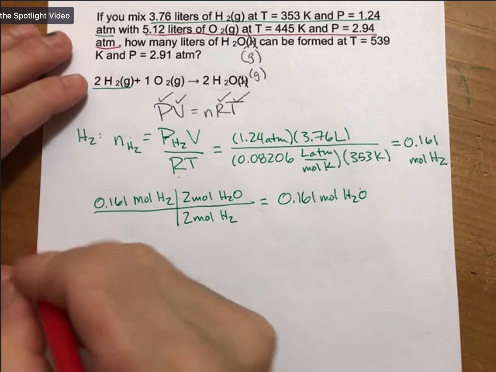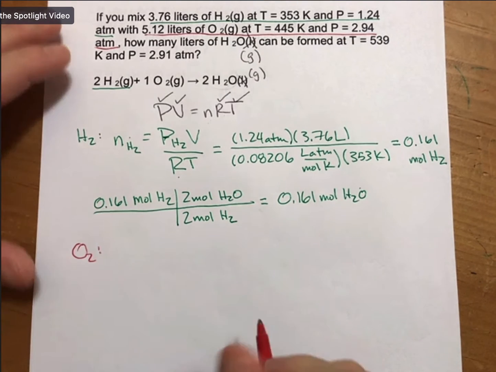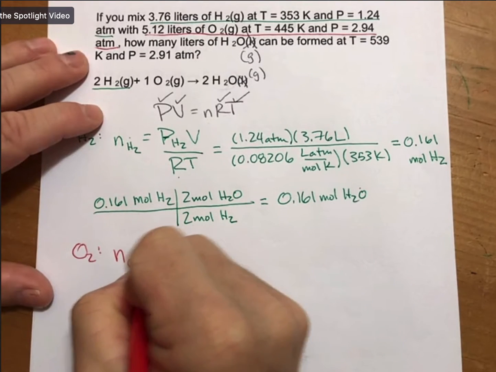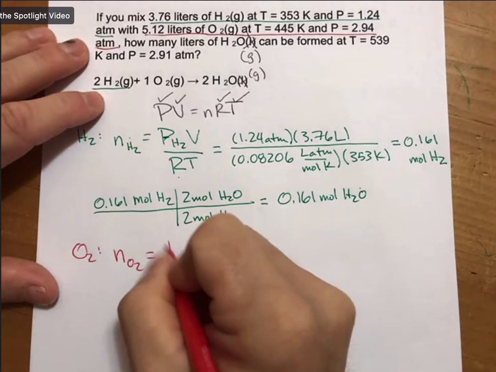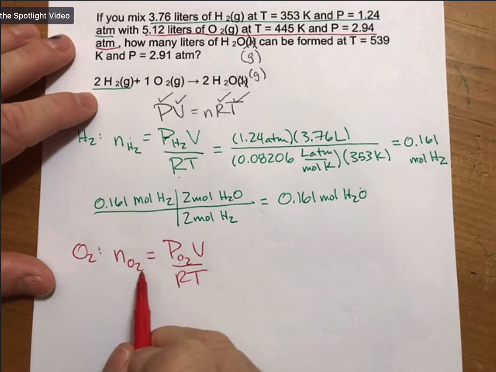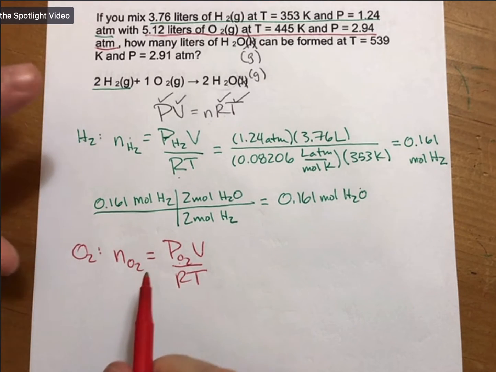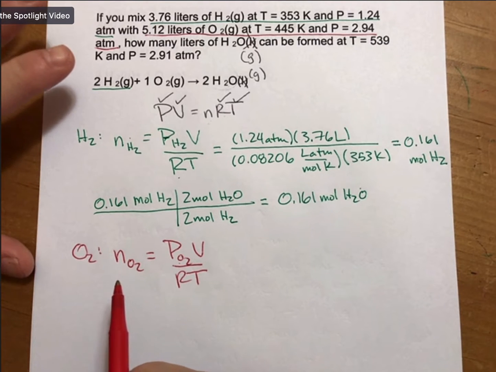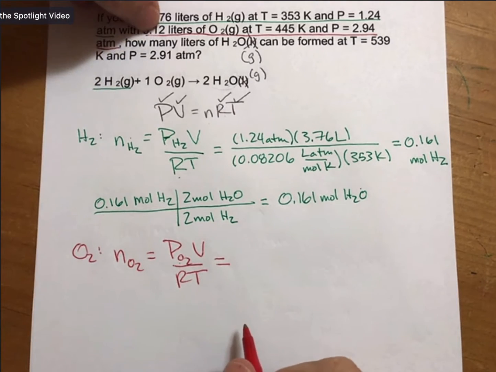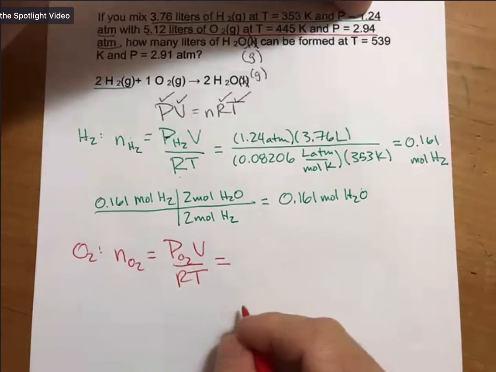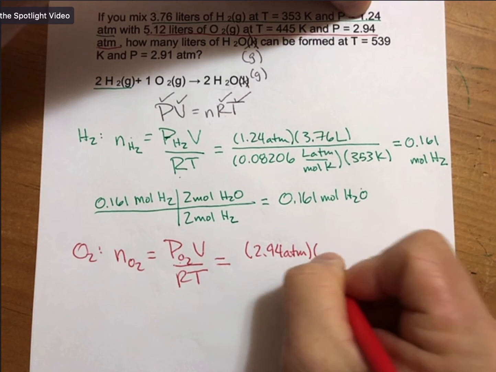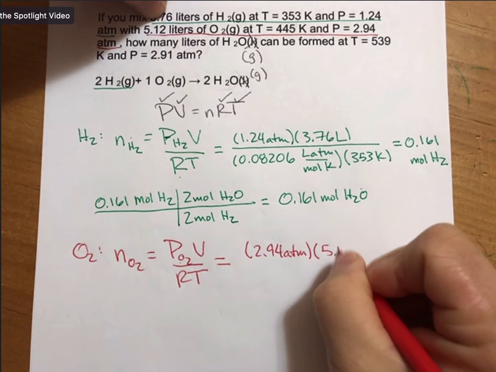And trying to stay organized here. Now let's do the oxygen in red. I will do the same thing. I will set up an ideal gas law for oxygen. And again, if you don't use these subscripts for the O2s or the H2s, just make sure you keep track of everything in some way, but the math doesn't change. 2.94 atmospheres of oxygen, 5.12 liters.